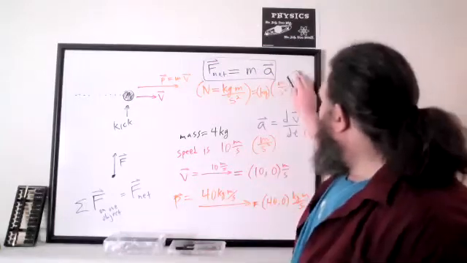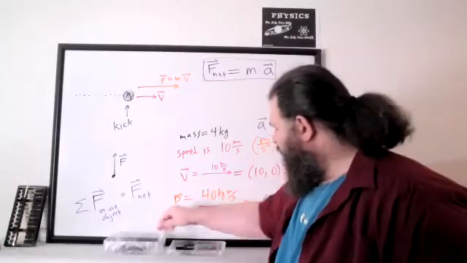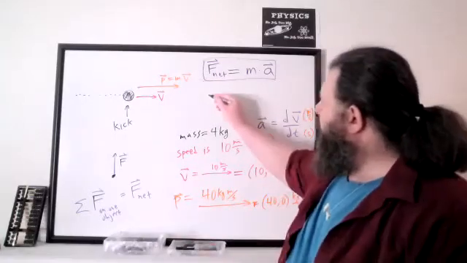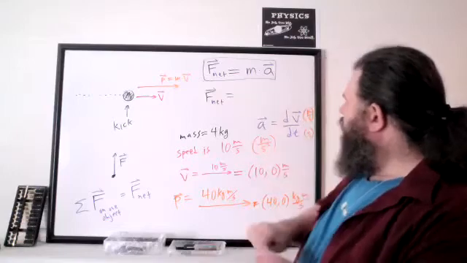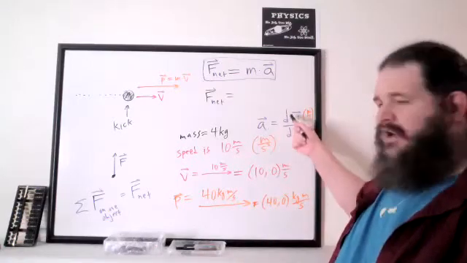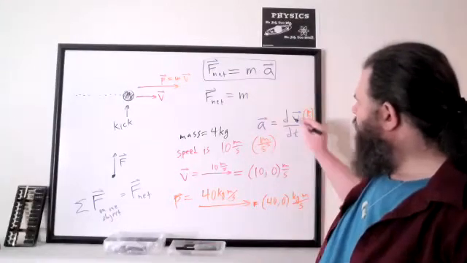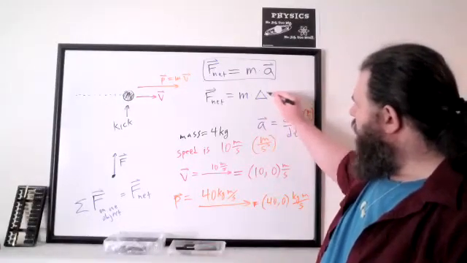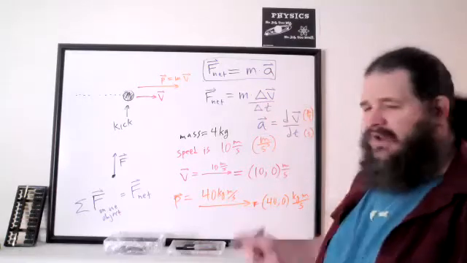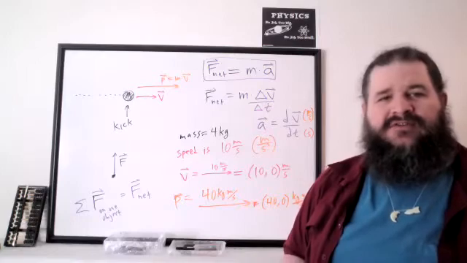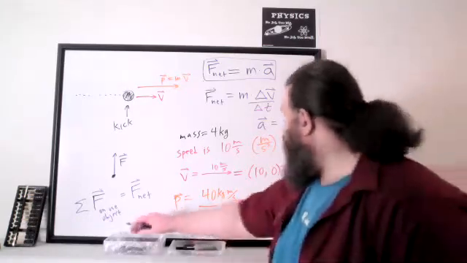And another very useful way to rearrange the equation here: if we replace acceleration with its definition, if we go back to the idea that acceleration is change in velocity over change in time, and instead of the derivative, I'm going to write this out as delta v over delta t. Formally, this should be the derivative of velocity, but we can approximate that as change in velocity over change in time, at least if we're talking about a short period of time.